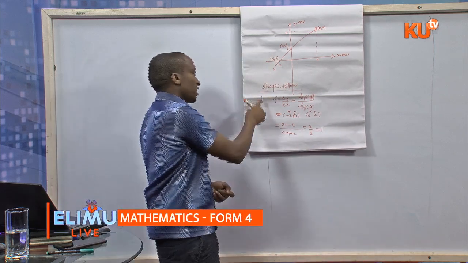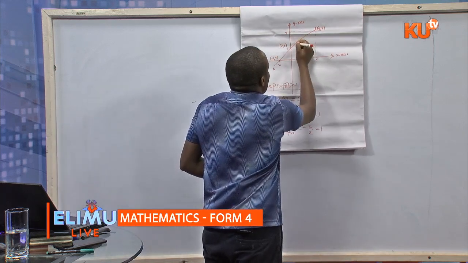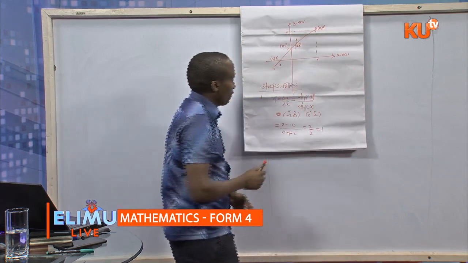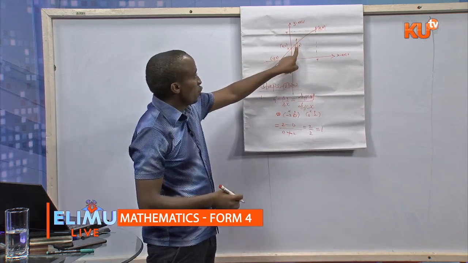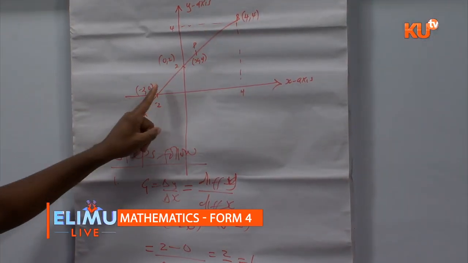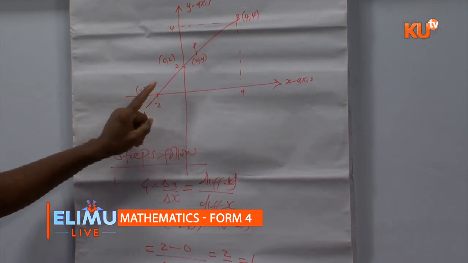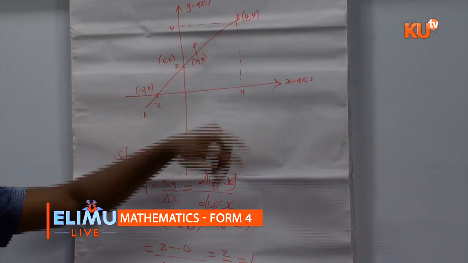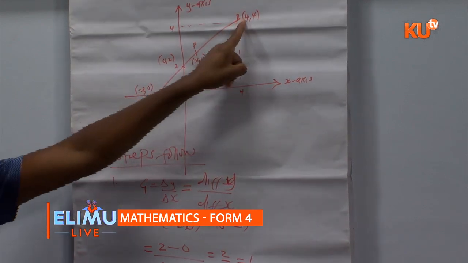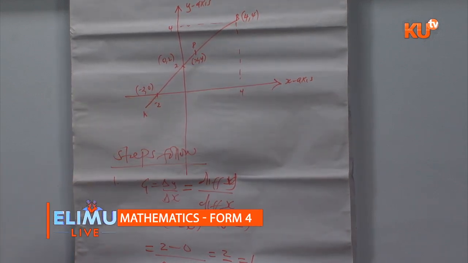Having known the gradient, the second step now is to take any point of this line to be point P, (x, y). You take this unknown point of this line AB and any known point of this line, maybe (-2, 0), or (0, 2), or (4, 4), and you use this unknown point with a known point to find the equation of the line.